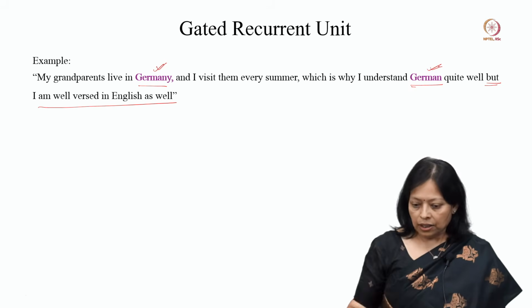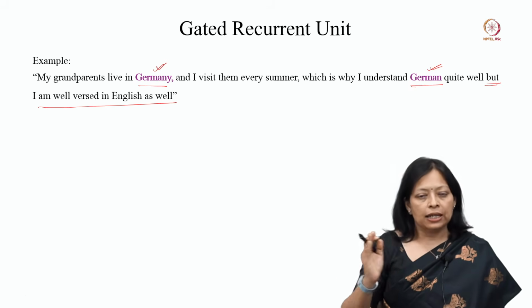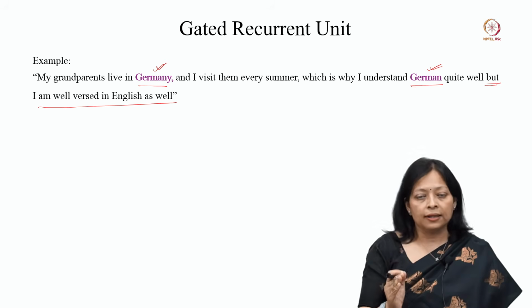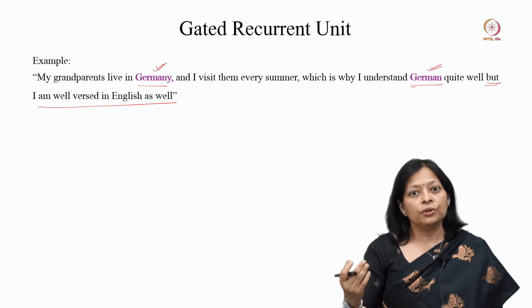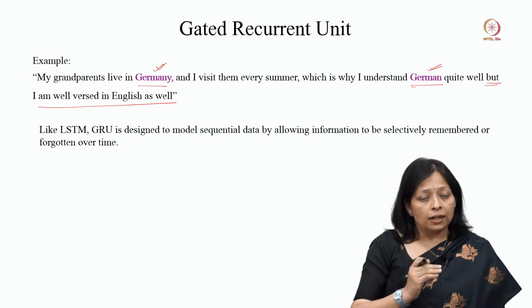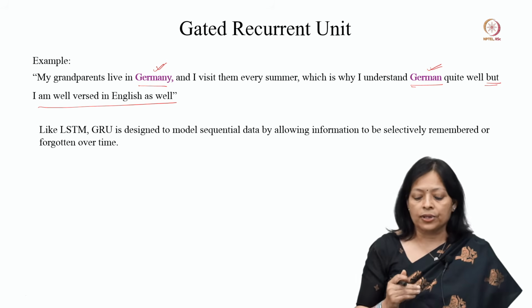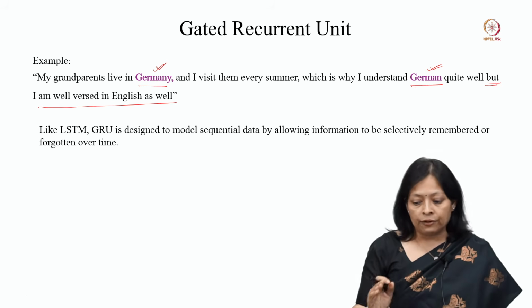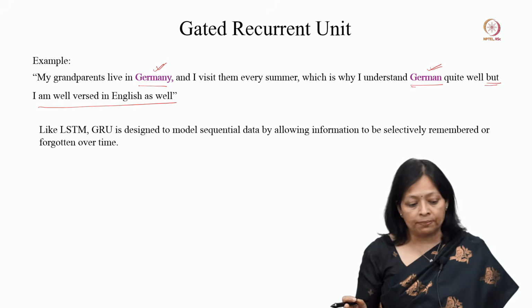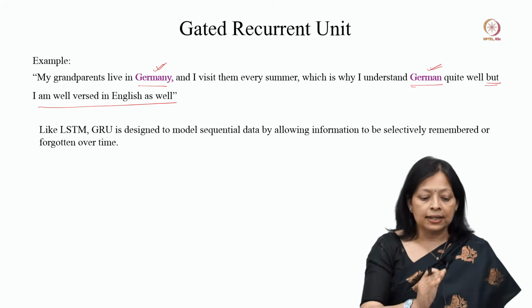That means for some portion of the sentence, you require the memory to be there. After that, you don't require it. So, this is done in GRU. Like LSTMs, GRU is designed to model sequential data by allowing information to be selectively remembered or forgotten over time.